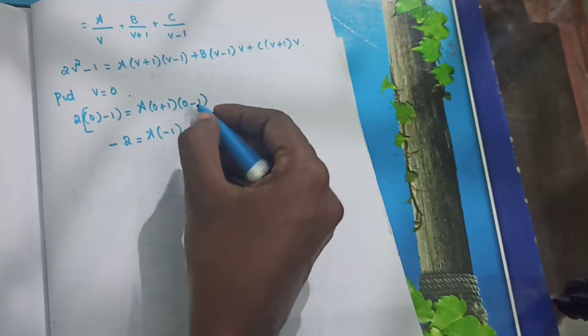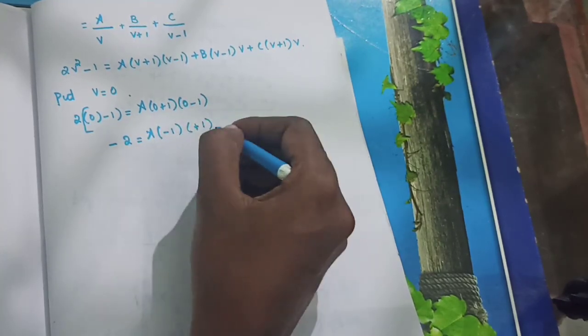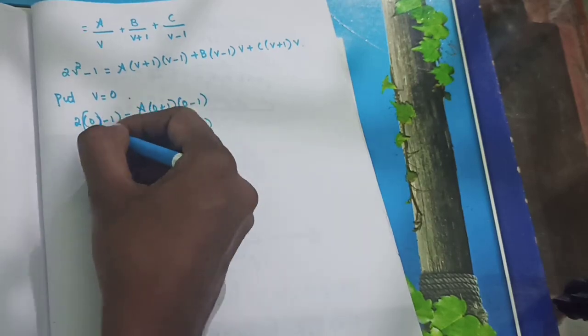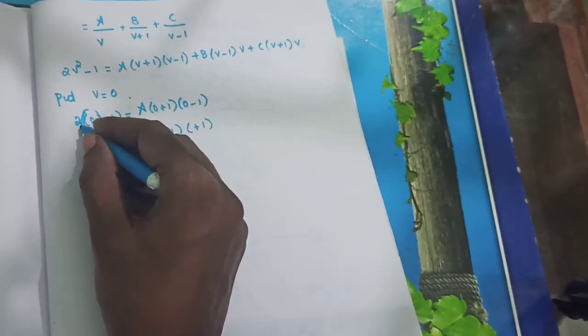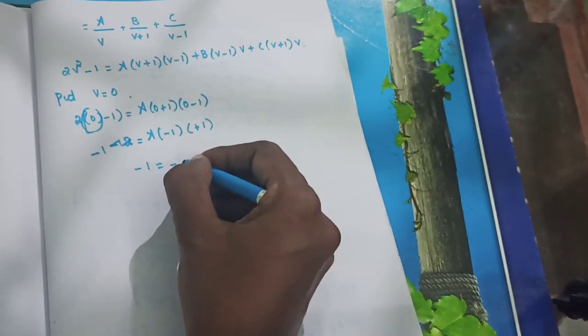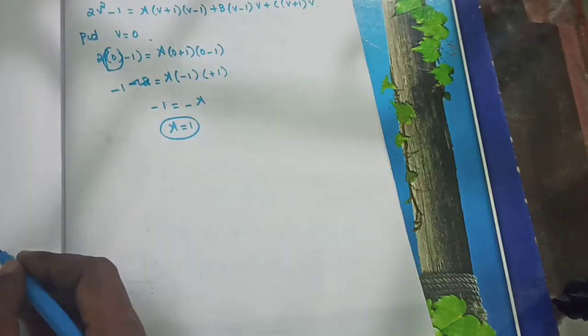Sorry, plus 1 is there, minus 1 is there. If you are multiplying, what will you get? So 2 into 0 is 0, minus 1. So here also minus 1. So minus 1 is equal to minus A. So A is equal to 1. So the answer for A is equal to 1.